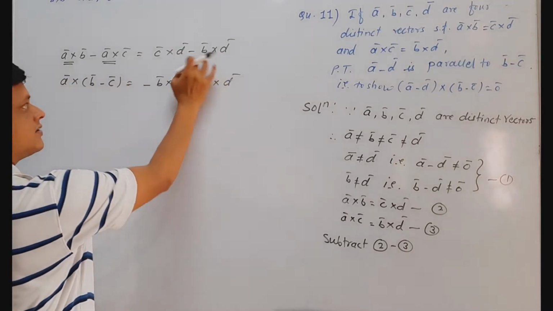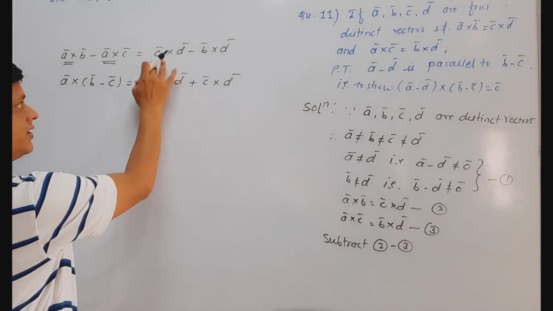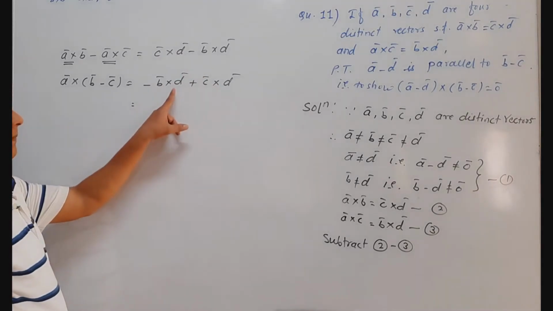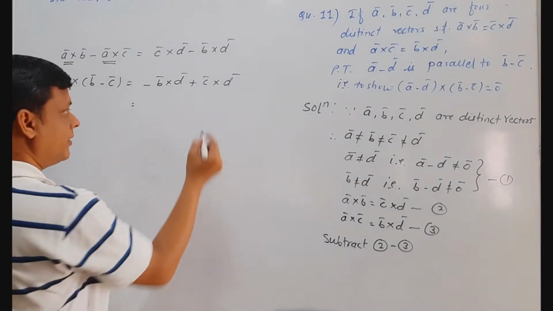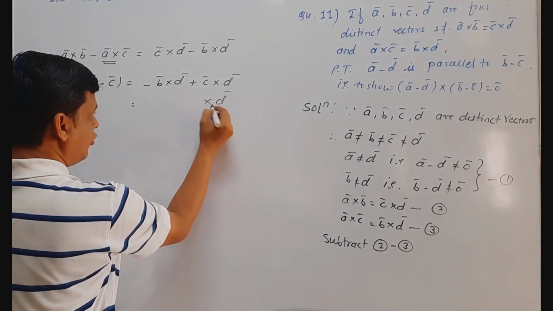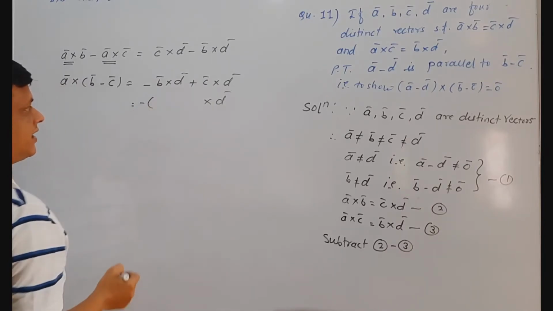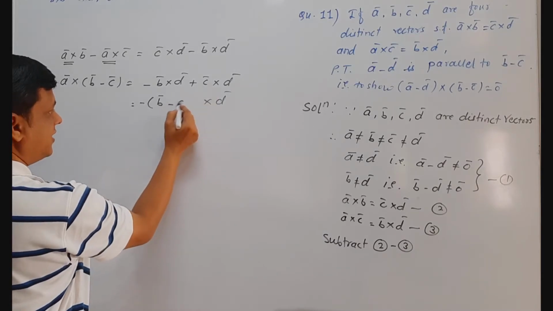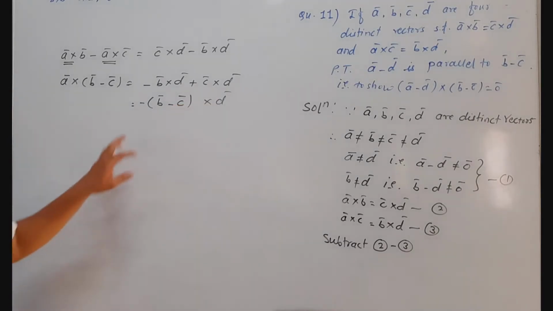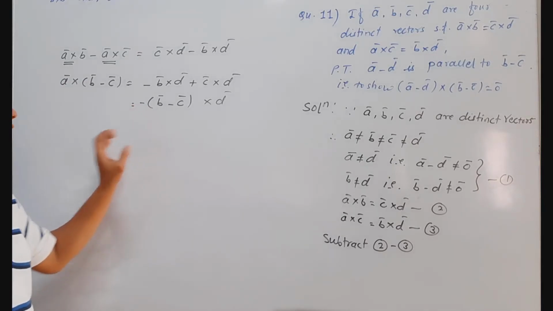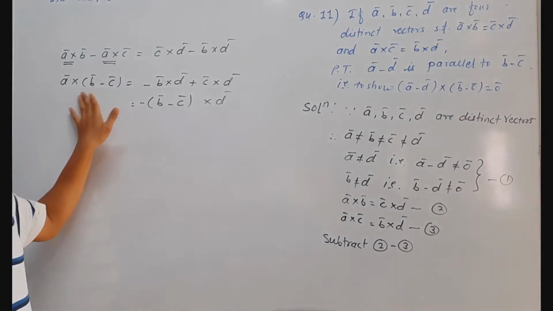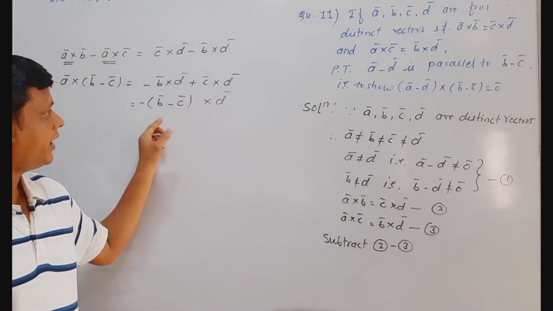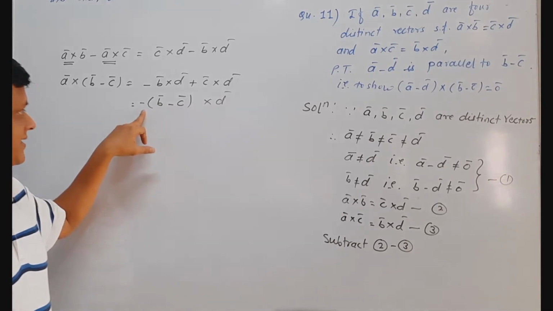We write the second vector at first position and the first vector at second position. Now taking cross d bar common, and taking the minus sign common again, we write (b bar minus c bar) cross d bar. Why do we take the minus sign common? Because on the LHS we observe b bar minus c bar, and we require b bar minus c bar, so we take the minus sign common.